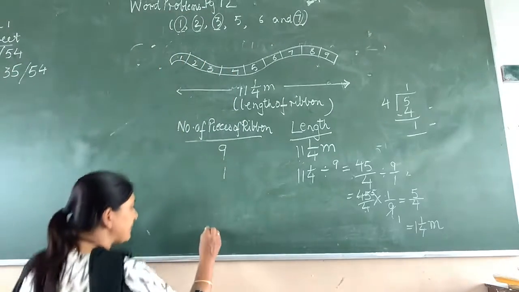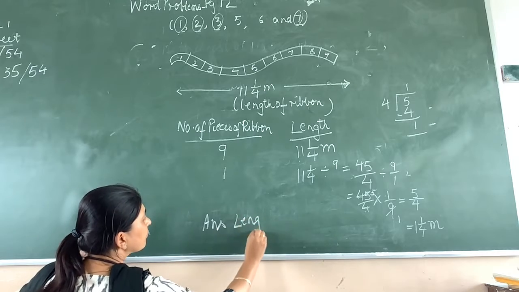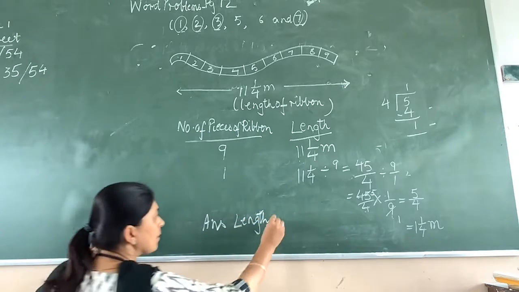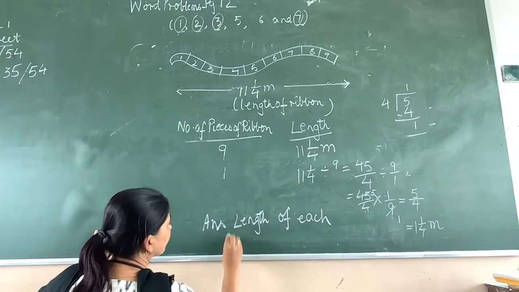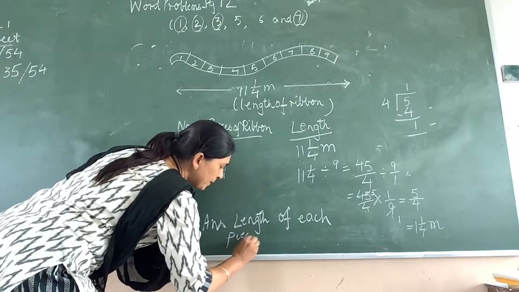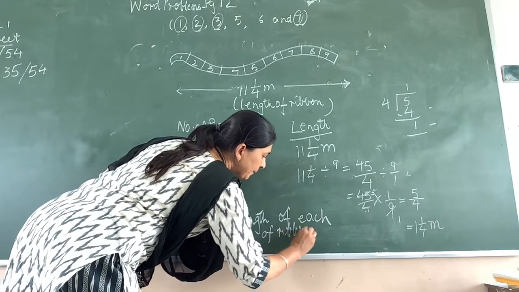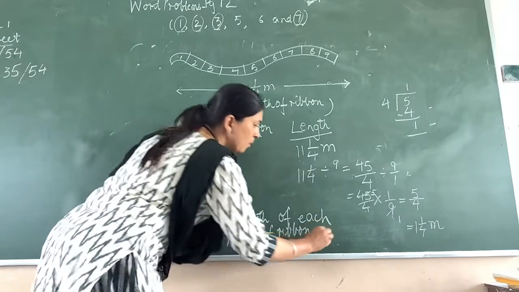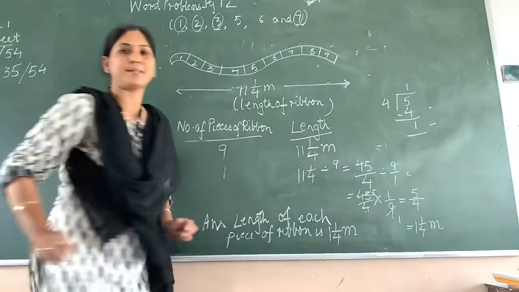So our answer statement, children, will be: length of each piece of ribbon is 1 and 1 over 4 meter.